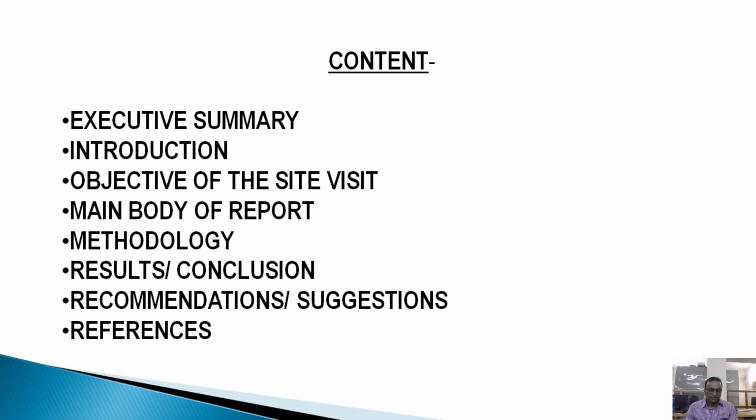Recommendation and suggestion: in this section, you will have to write whatever suggestion you would like to give for this particular site visit or site. If you want to recommend that something is not correct and instead this particular thing should be done, you can mention that in this section.